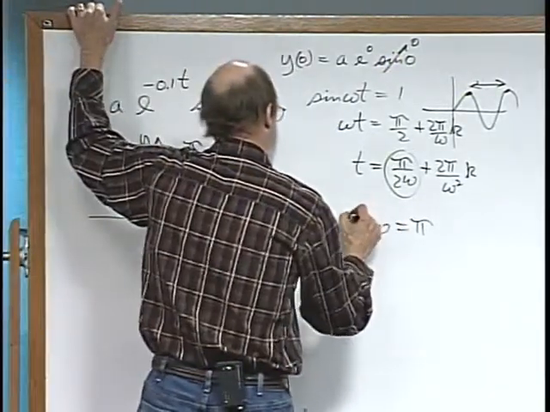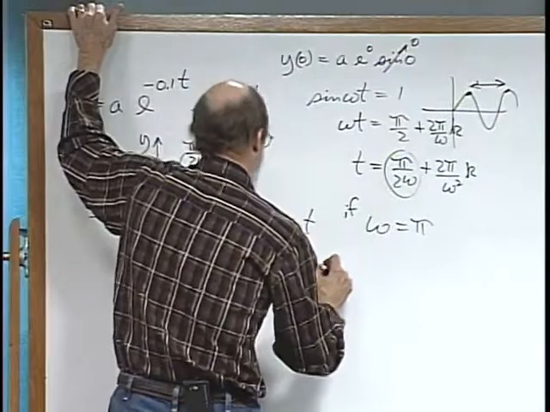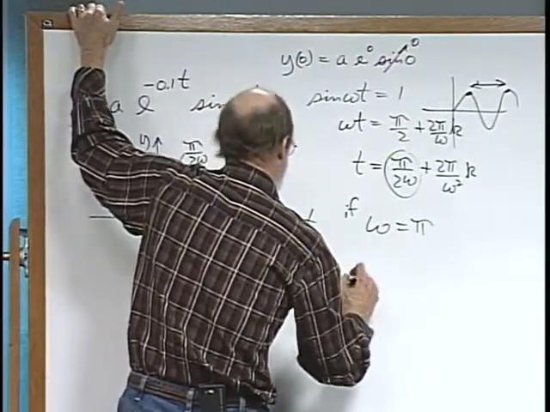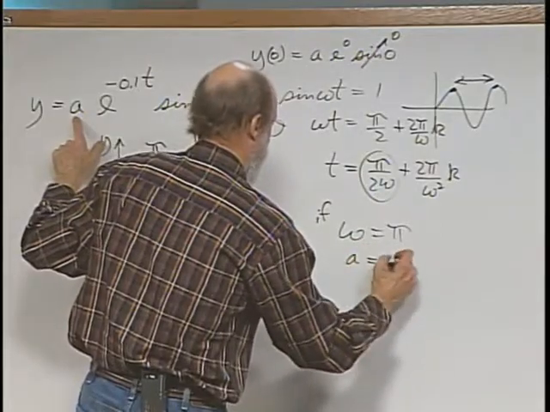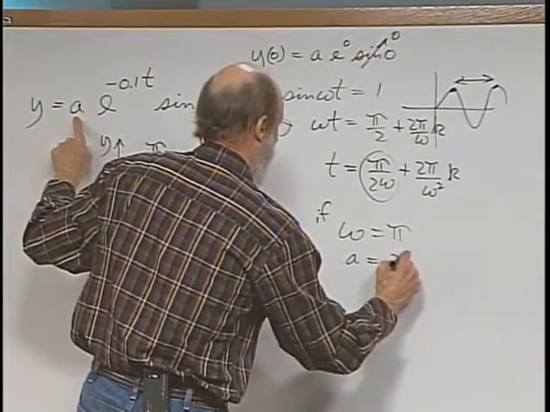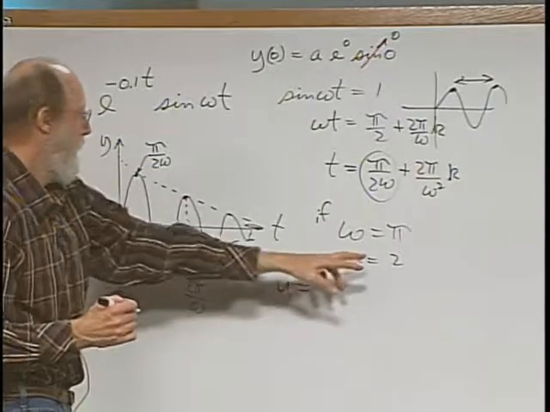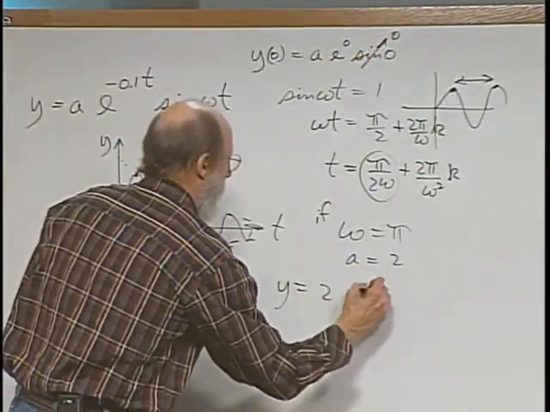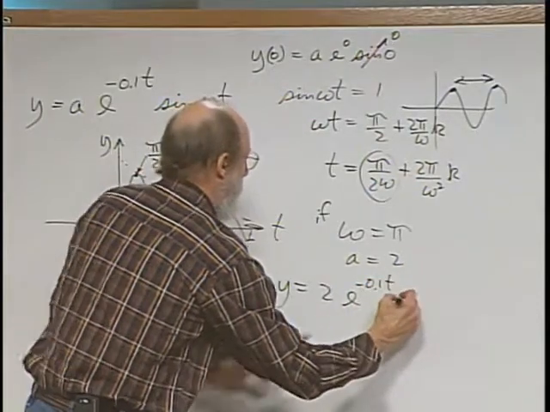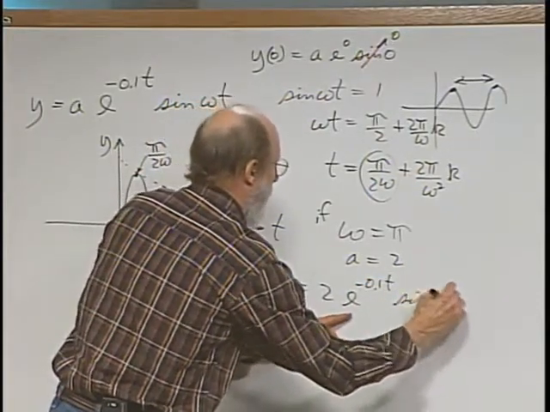If omega equals pi, then our model is y equals, and why don't I put a value in for a, so we can kick this into the calculator in a minute. Why don't we say a is 2? And so we're going to end up with 2 times e to the negative 0.1 t times the sine of pi t.